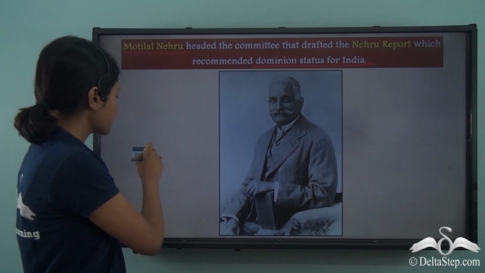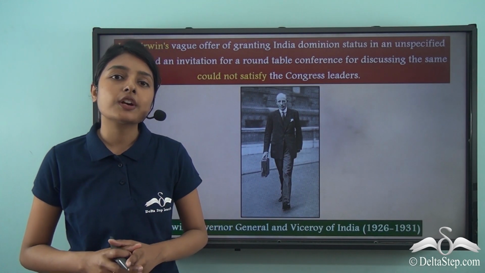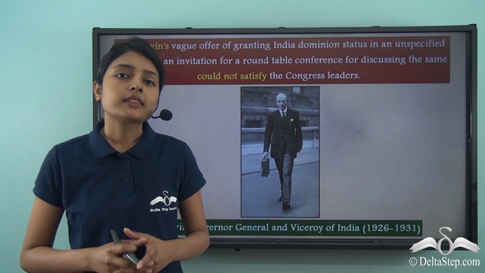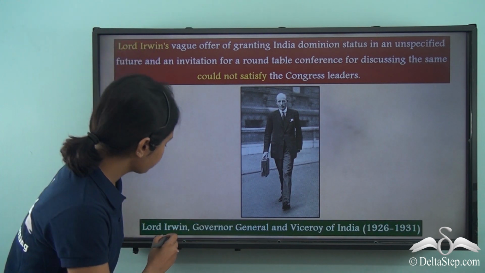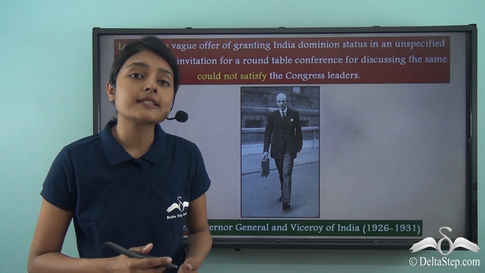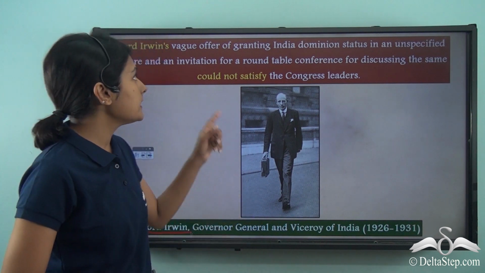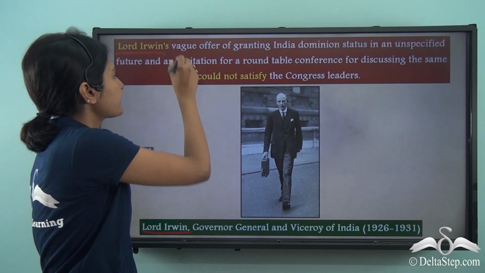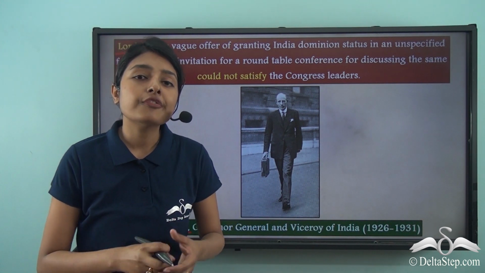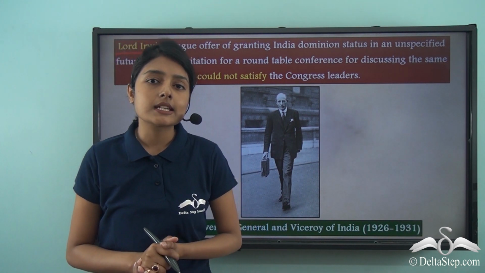Now, when this idea for dominion status for India was proposed, the then Viceroy, Lord Irwin, was looking for ways to appease and appeal to the Indian masses. So, initially, Lord Irwin extended an offer of dominion status for India.